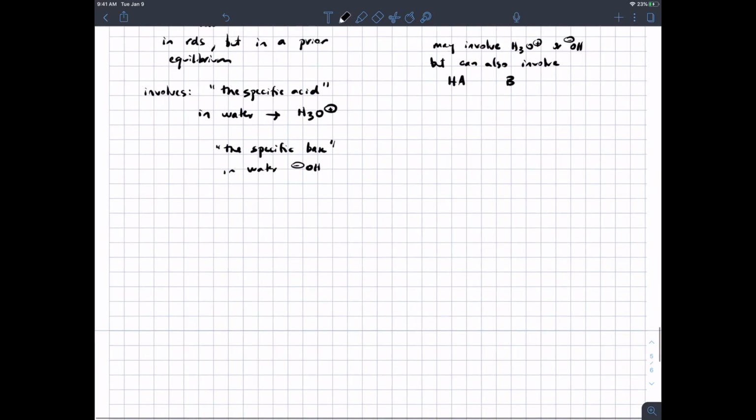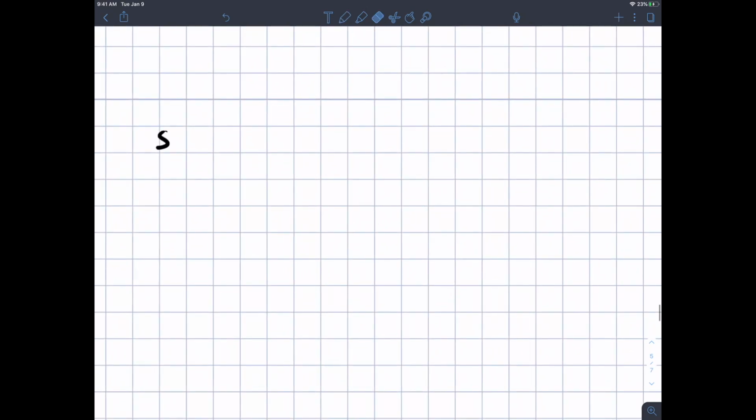So we're going to start with the math of specific acid catalysis. I'll show you the math for that, and then I won't show you the math for specific base catalysis, but what we do for the acid will apply. So let's set up a situation where that's the case.